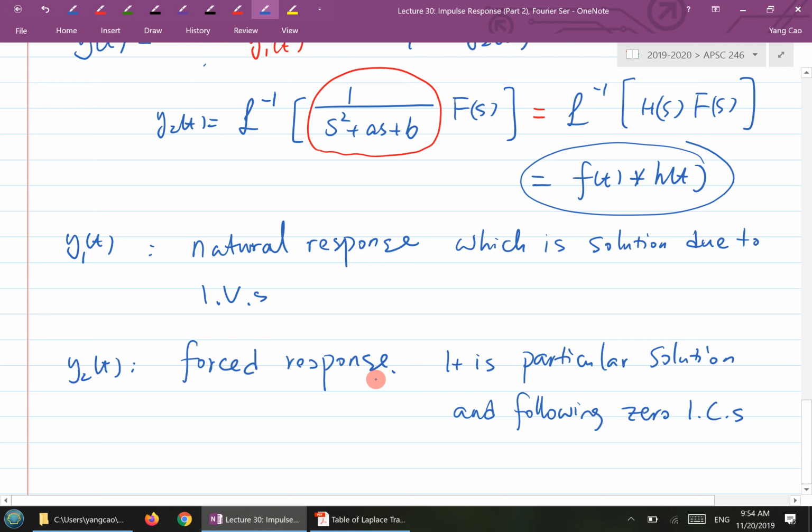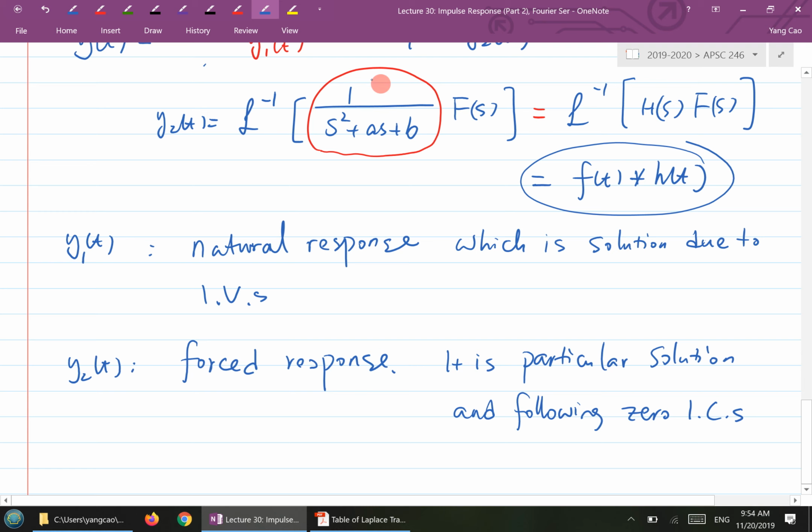Now this actually brings a question when you learn control systems. A very important question essentially is whether you have a stable system or not. So if you look at the second part of the response, what's the critical part? Of course, input is one part.